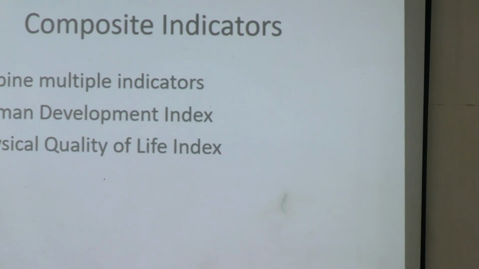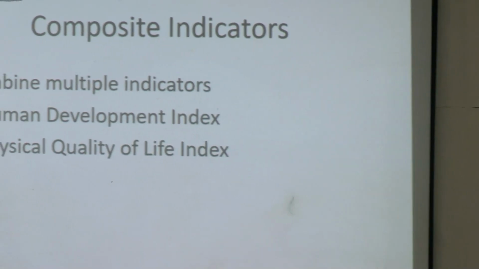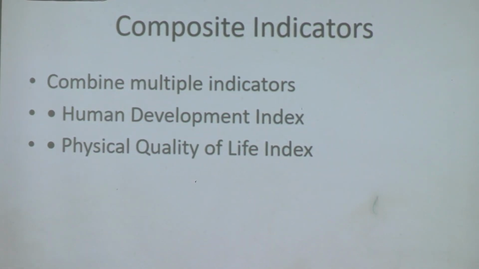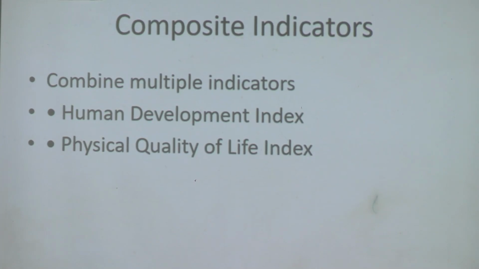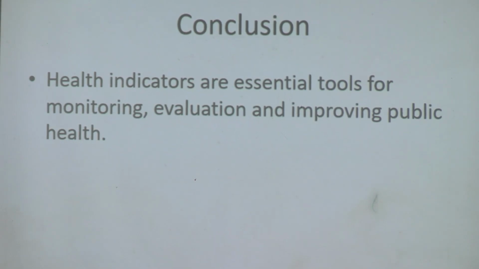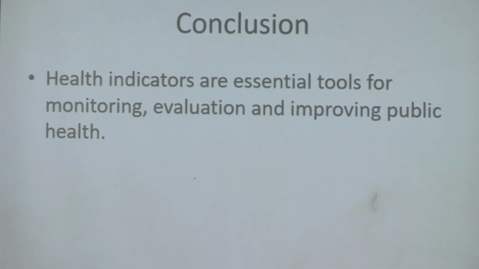So composite indicators combine multiple indicators: Human Development Index and Physical Quality of Life Index. One is HDI and one is PQLI. So health indicators are essential tools for monitoring, evaluation and improving public health.